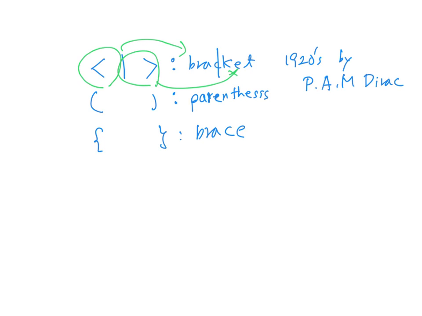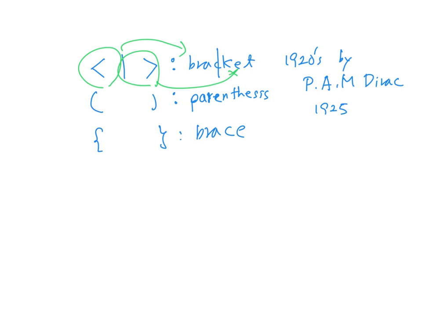He's an English physicist who got the Nobel Prize in 1933. He was 31 years old when he got the Nobel Prize. He made a very profound contribution to quantum mechanics, and then he introduced this bra vector, ket vector notation.